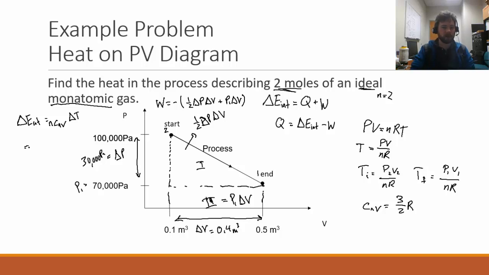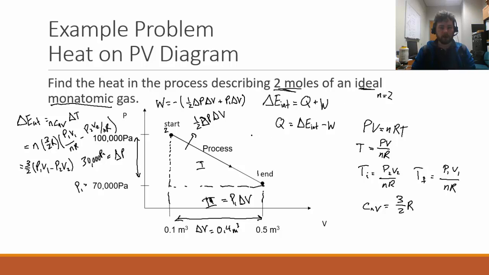Let's simplify our change in internal energy. So we have n times 3/2 R times the change in temperature. So the final is P1 V1 over nR minus the initial P2 V2 over nR. The nR part can cancel out, so I just get 3/2 times P1 V1 minus P2 V2, and I just have to go through and plug in.